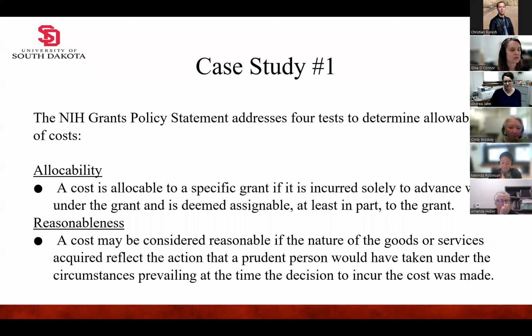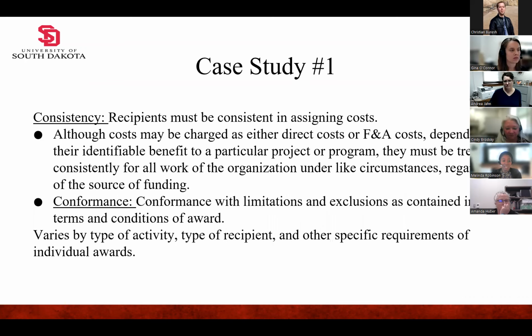Is it reasonable? Based on other circumstances, would this cost be allowable? A similar circumstance, would this cost be a reasonable cost? Next slide. The third thing you would look at, is it consistent in assigning costs? Is the cost of a similar nature?